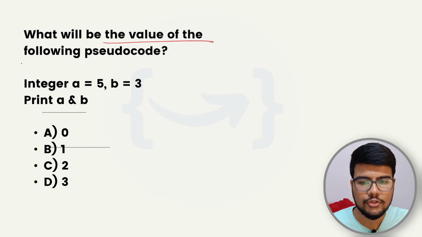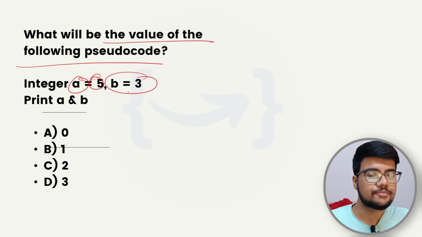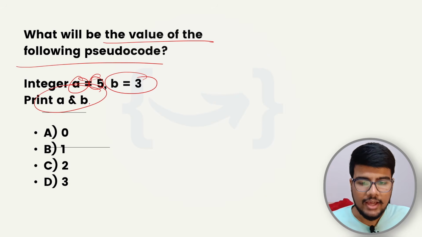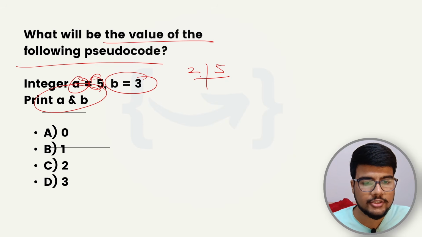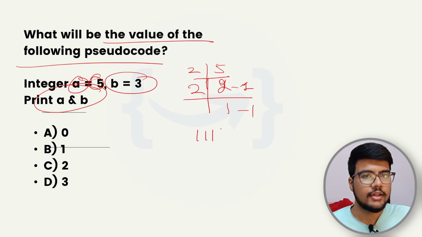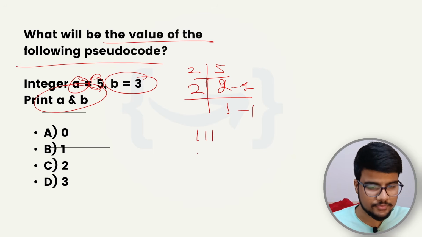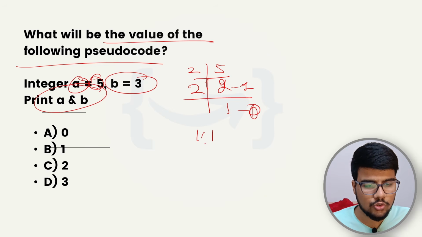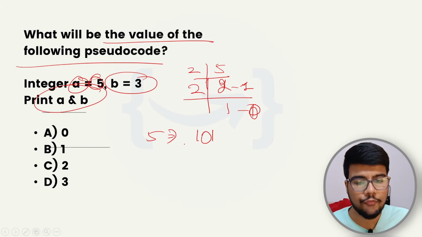What will be the value of the following pseudocode where A is equivalent to 5 and B is equivalent to 3? As you can see, A and B. So what is the binary equivalent of 5? If you don't know how to calculate it, 2 times 2 would be 4, so you will get 1 as a remainder. 2 times 1, you get 1, and so 5 is 1, 0, 1 in binary.